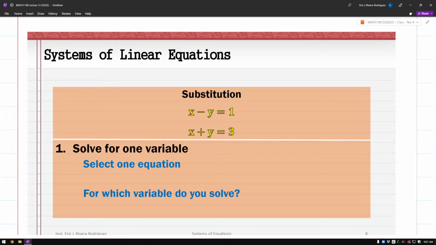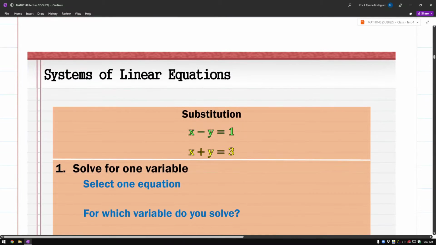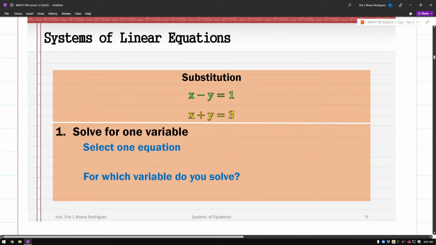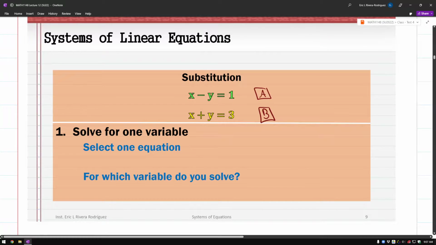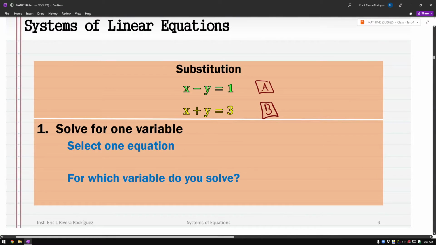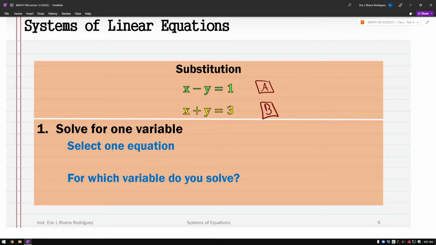You can identify the equations by colors, but that is not so practical on a test. Another way is by using letters, like I did here. I like to use capital letters A, B, and C if you have three equations, a 3x3 system. This way I can follow my steps.